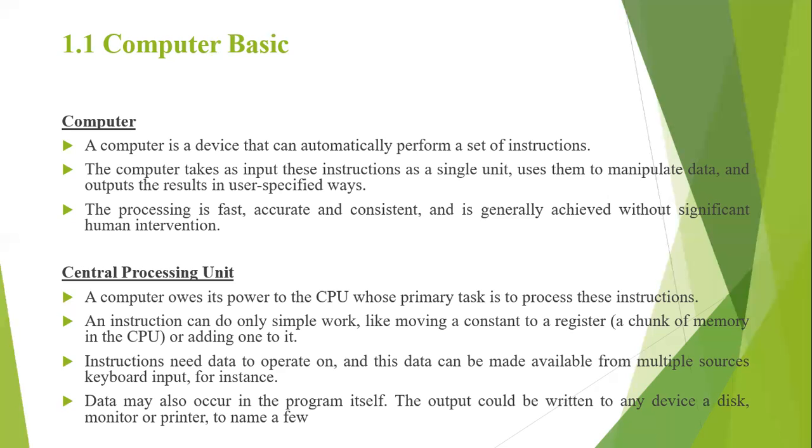The CPU includes important elements like the ALU and the control unit. ALU stands for arithmetic logic unit. The arithmetic and logic unit is used for performing all the arithmetic and logical calculations. The control unit generates the control signals from time to time.